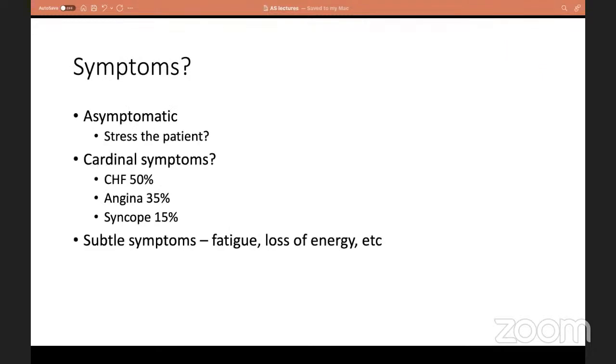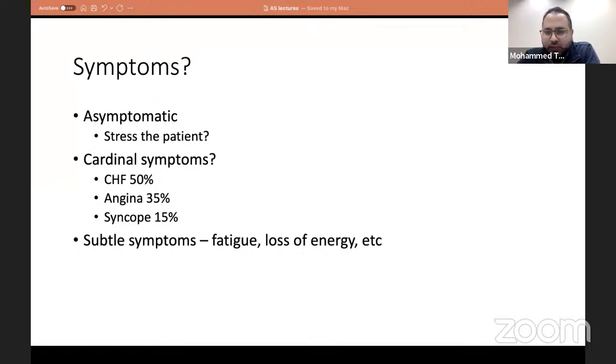Yes. Not all patients with aortic stenosis are symptomatic. Some of them are asymptomatic, but they get diagnosed by chance from their family doctors, from family friends or whatever. So how do you deal with asymptomatic patients coming with a diagnosis of aortic stenosis?